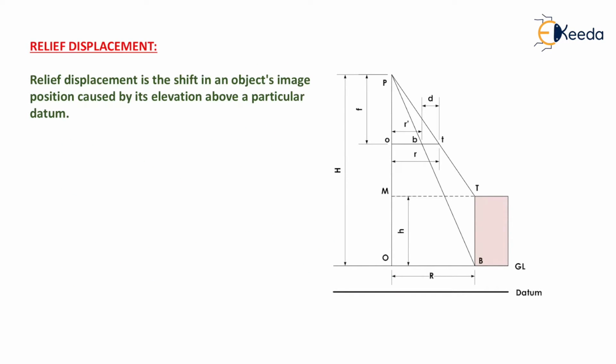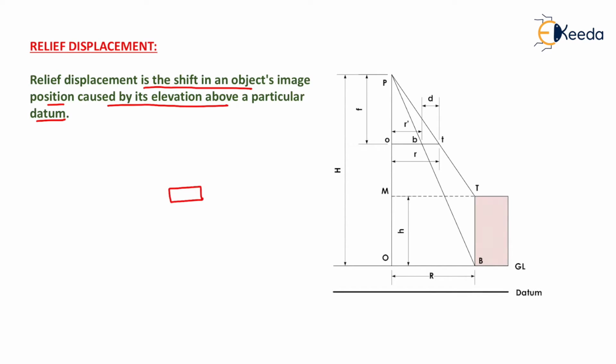Now the next topic is the relief displacement. Relief displacement is the shift in an object's image position caused by its elevation above a particular datum. Now if we take the vertical photograph, then in the photograph only the plan of that area will come, okay?